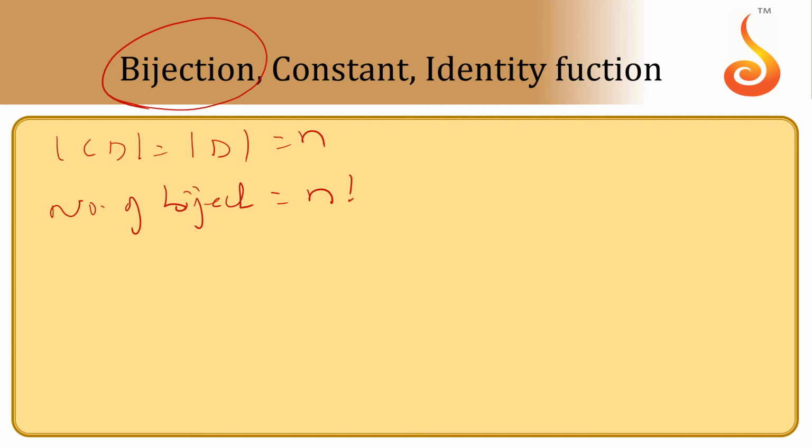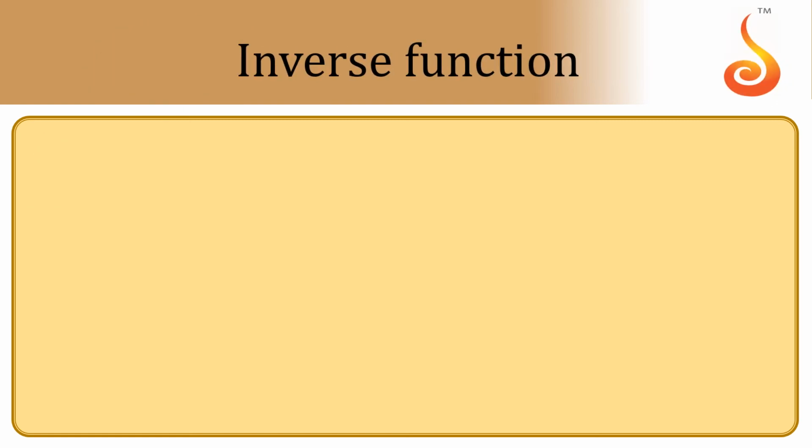What do you mean by constant function? If all the elements are given image to only one element, it is called constant function. Identity function: f is a function from A to A such that f of x equals x. It is called identity function.